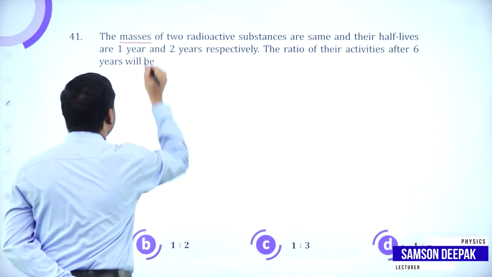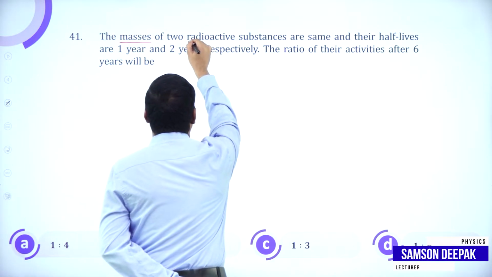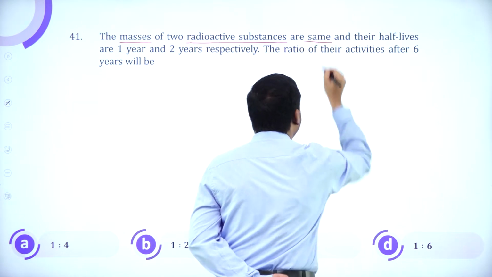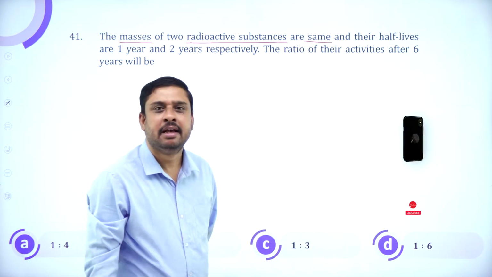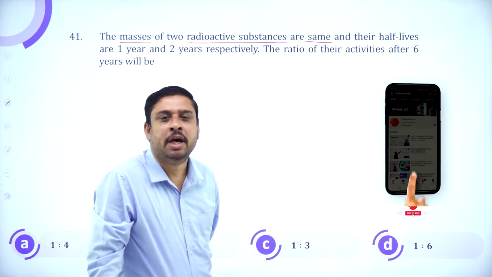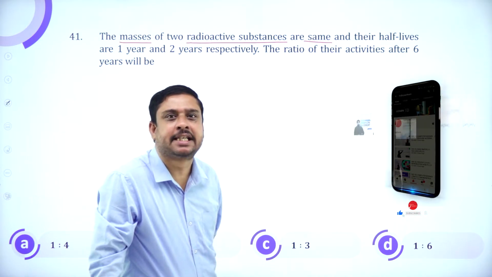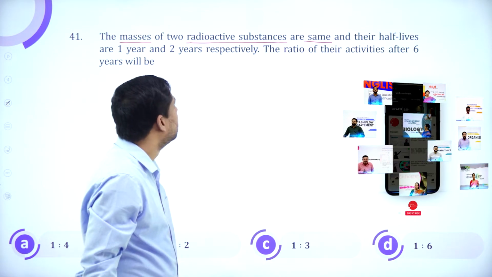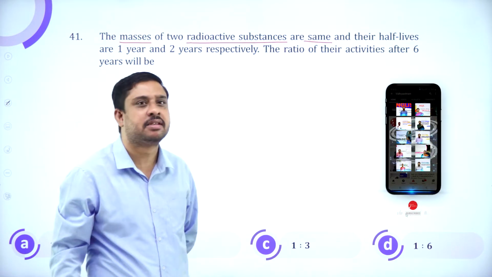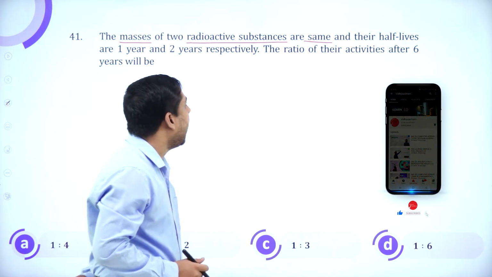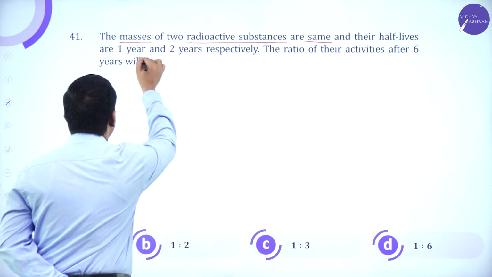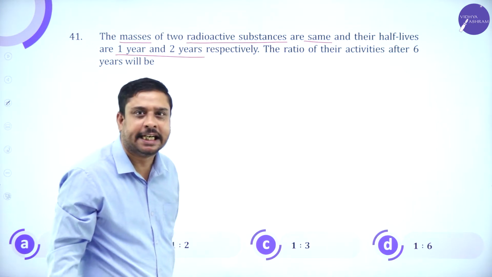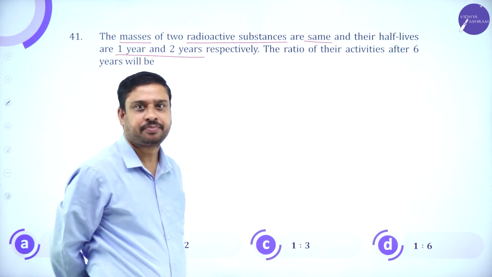The mass of two radioactive substances are same. There are two radioactive substances which have the same mass, and their half-lives are 1 year and 2 years respectively.